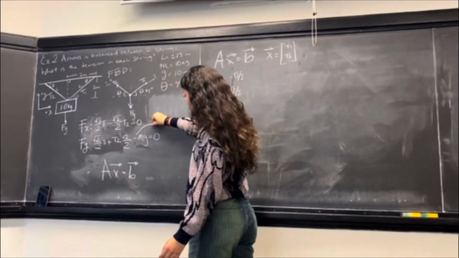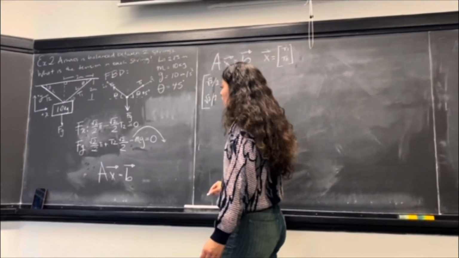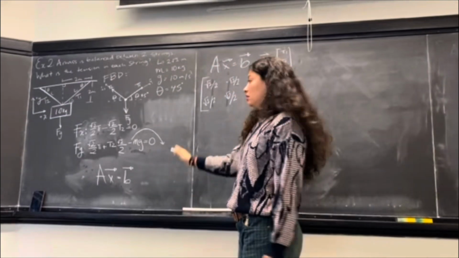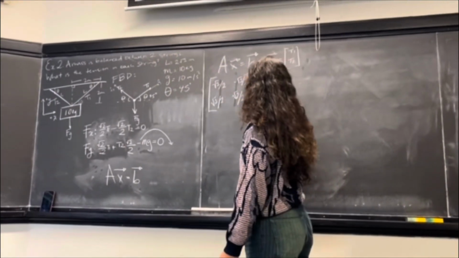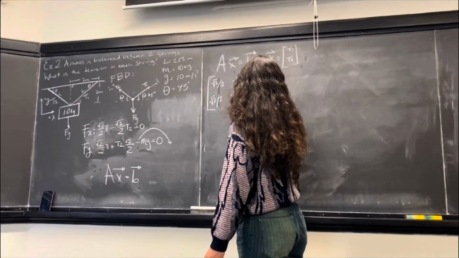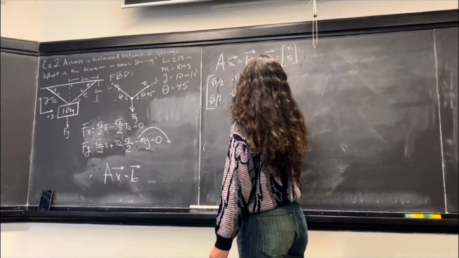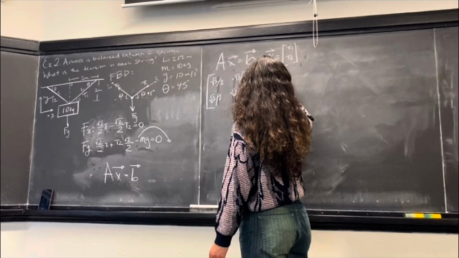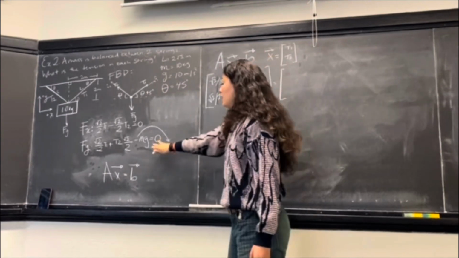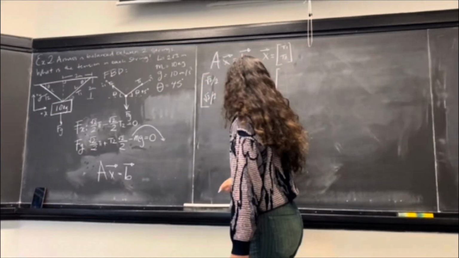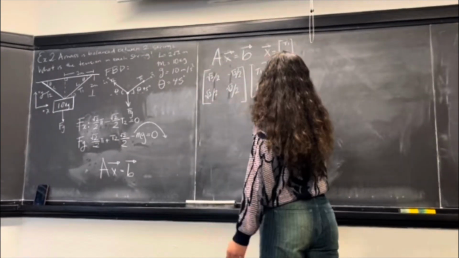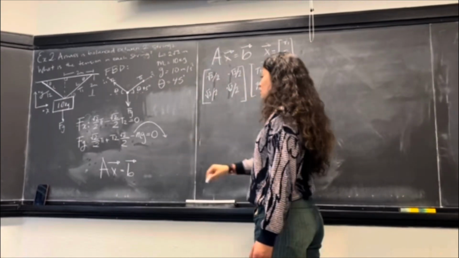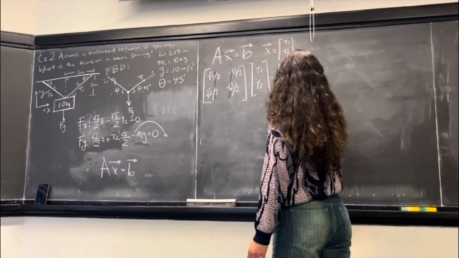And we're just going to move this over to this side, so we only have anything that's multiplied by T1 or T2 in our matrix. And since we moved our mg to the other side of the equal sign, for our first equation, it's still just equal to 0, but for our second equation, it is equal to mg.